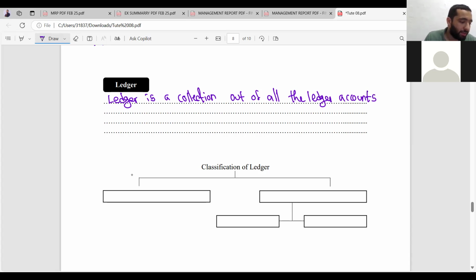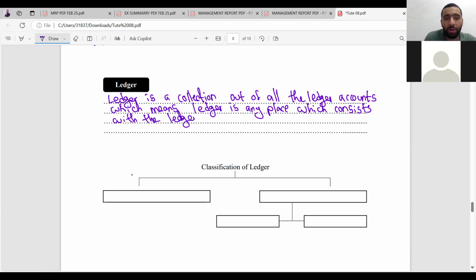Which means ledger is any place which consists of the ledger accounts, right?